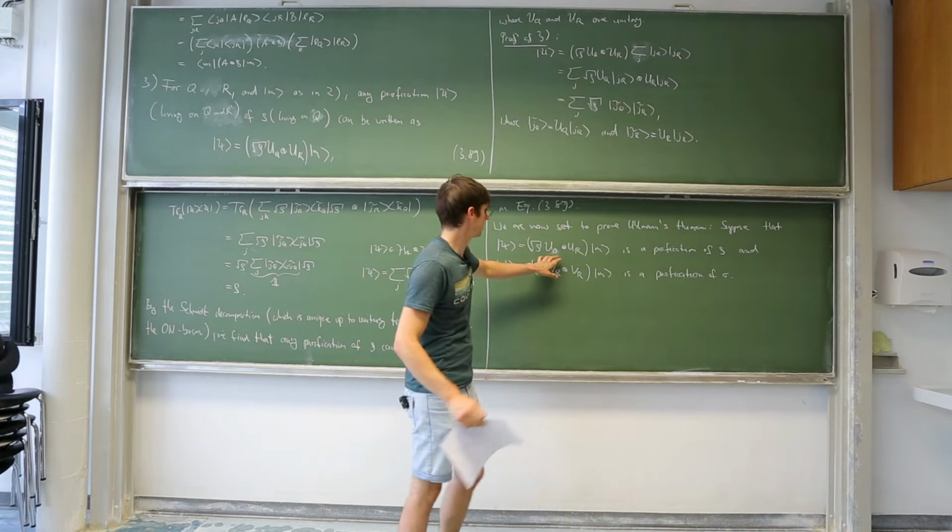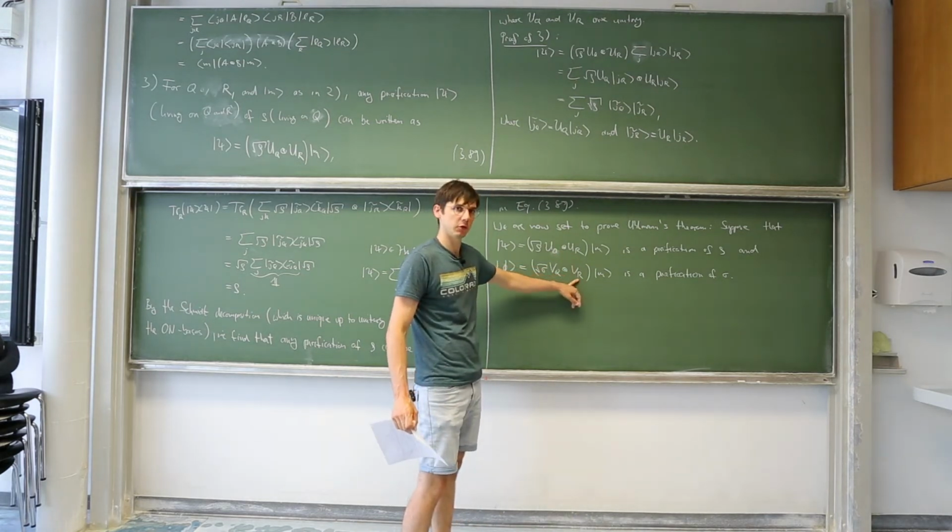And clearly U_Q, U_R, V_Q, and V_R are unitary, right?